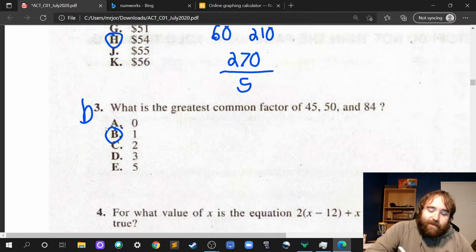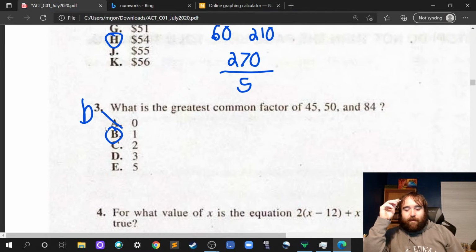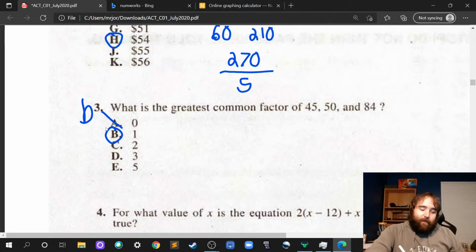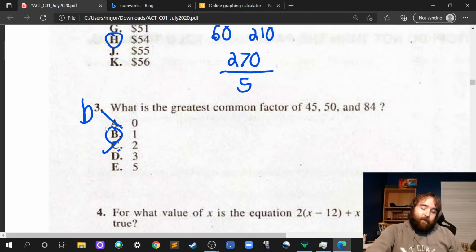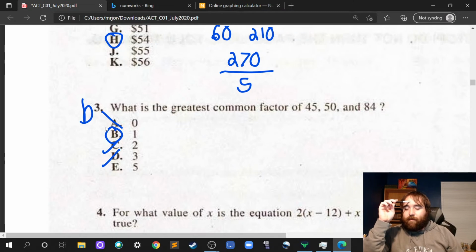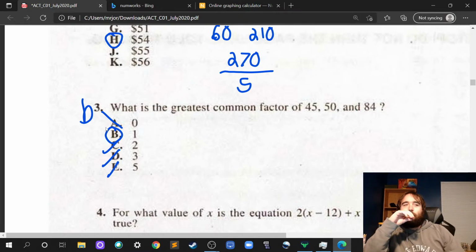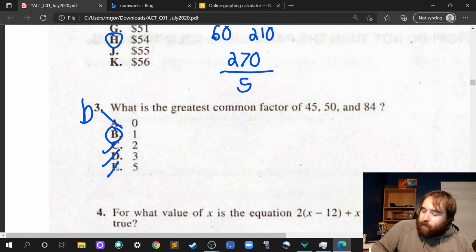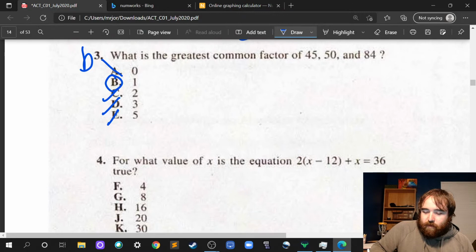Well, it's definitely not 0, because 0 is not going to be a factor. It can't be 2, because 45 is not divisible by 2. It can't be 50, because that's not divisible by 3. Or it can't be 3, because that's not divisible by 50. 50 is not divisible by 3. And yeah, it can't be 84, that's not divisible by 5. So yeah, their only factor is 1. Interesting. So that's good to know about NumWorks. They can do the greatest common factor of more numbers than just 2.